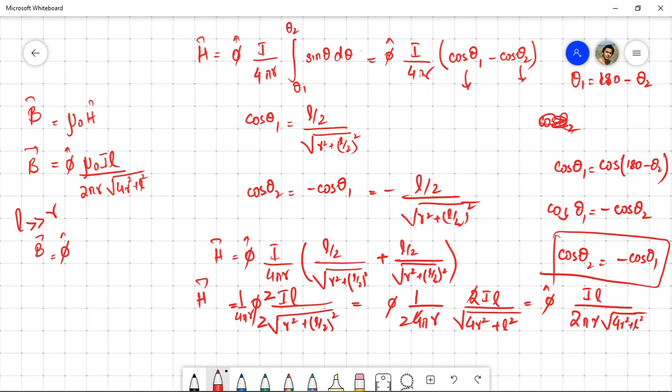So B is equal to mu naught I L divided by 2 pi r, and this will lose its importance because r is way less than small l. So the L will cancel each other, and this is mu naught I over 2 pi r.